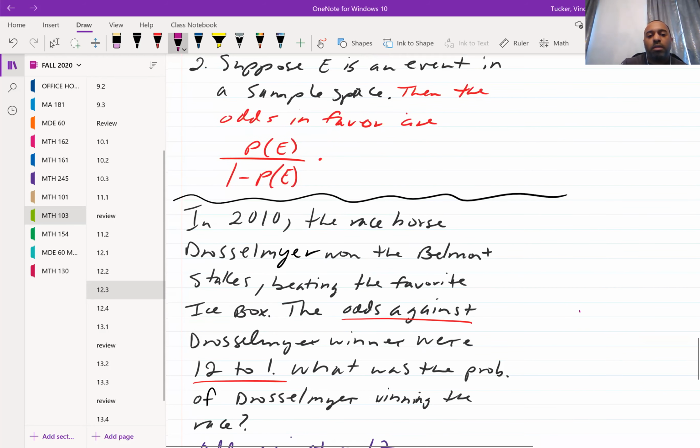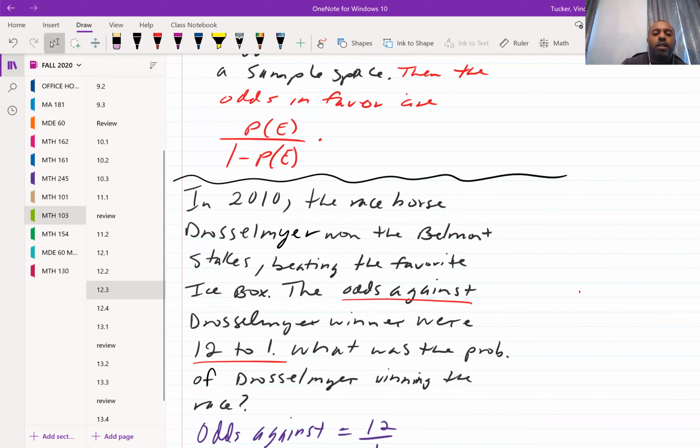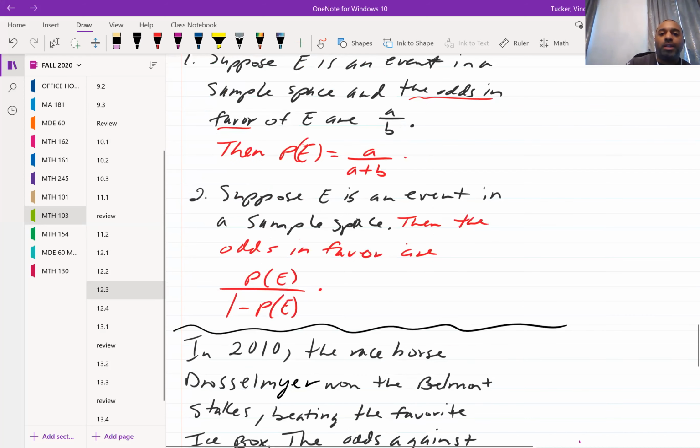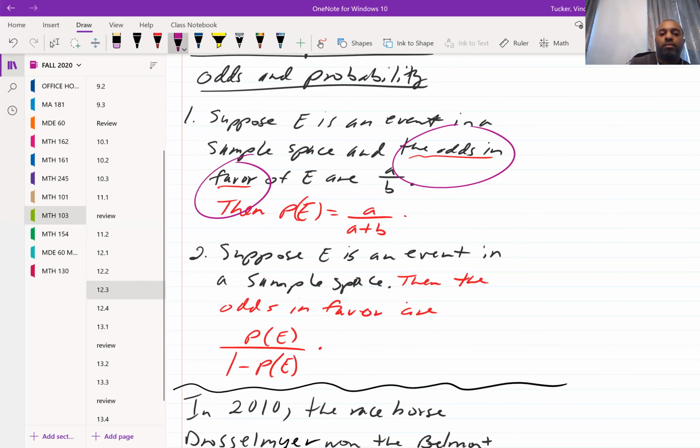All right. So what's key here is that they gave us odds against Drosselmeyer, and we want to turn it into probability. So they asked us, what is the probability? But they gave us odds against. Now, if we want to convert that to probability, we need the odds in favor.